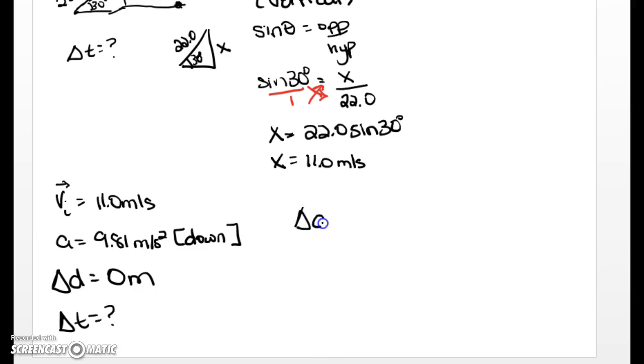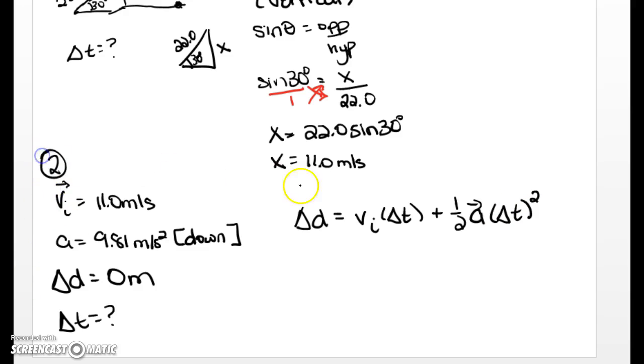The equation there is the second one from your notes, which is delta D is equal to VI times your change in time, plus 1/2 times your acceleration, times time squared. So here's step 2. Here our total displacement was 0.